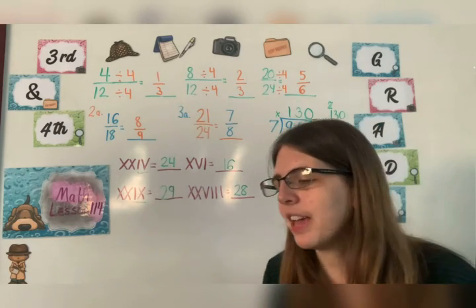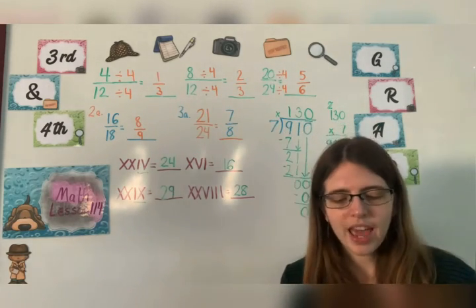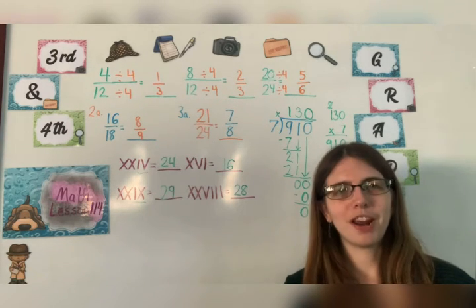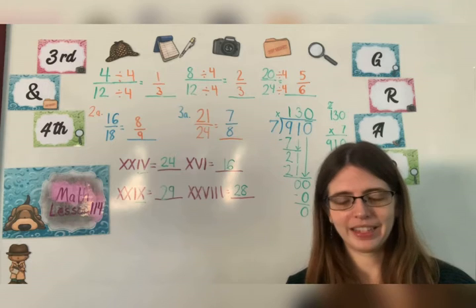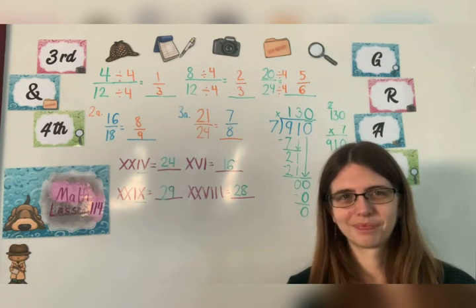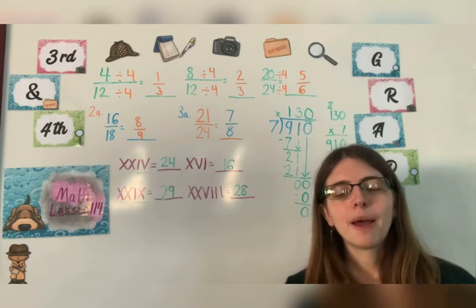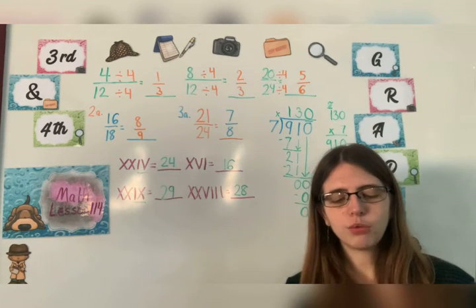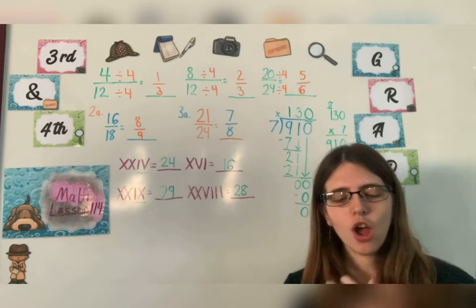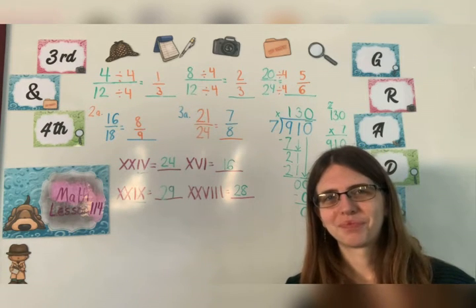Okay, letter A, you have quart, gallon, liter, pint, and cup. So which one of those is the smallest? The cup, because we have 2 cups in a pint, we have 2 pints in a quart, so the cup is the smallest. Which one comes next?